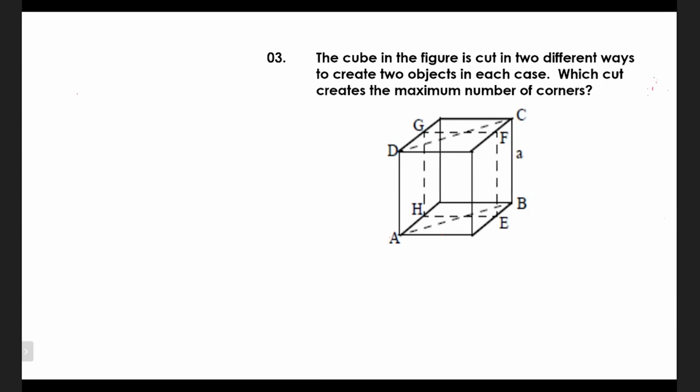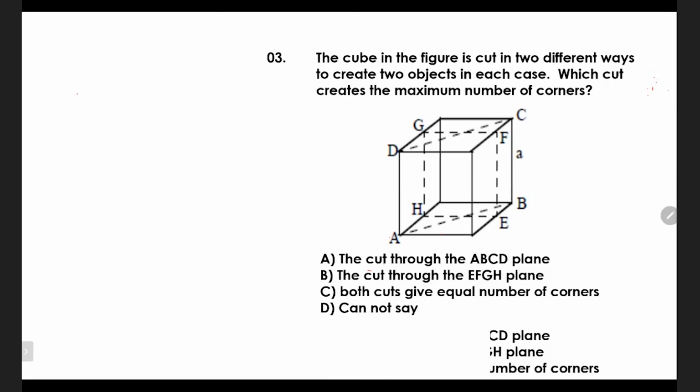Look at this. A cut through the ABCD plane. This is the ABCD plane, which means this is diagonal. That's what I said. The cut through the EFGH plane. Now a cut through the ABCD plane means you'll get two prisms, like this. This is one prism.